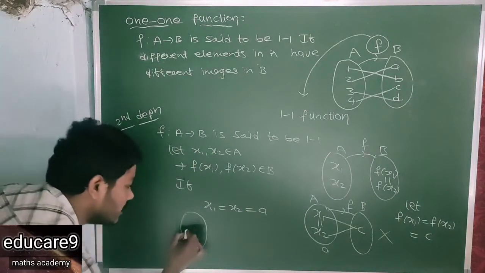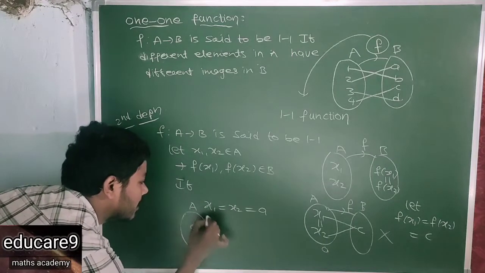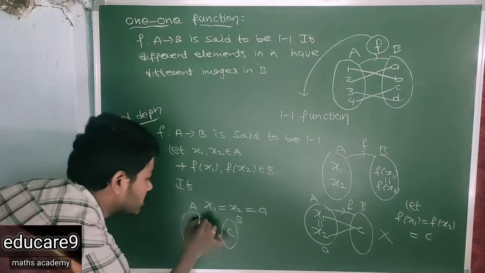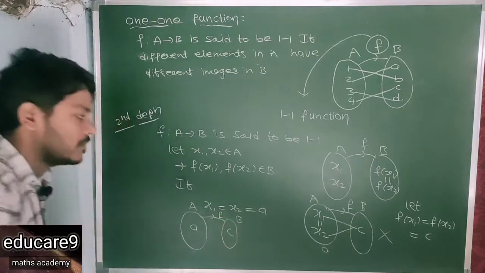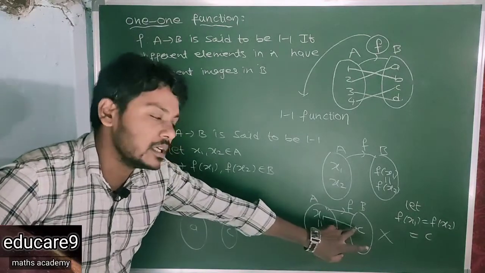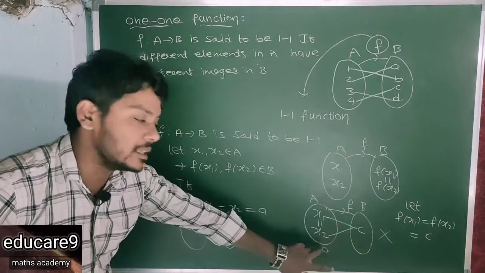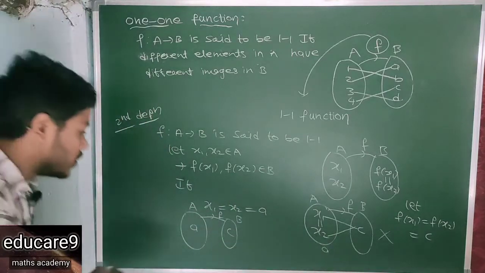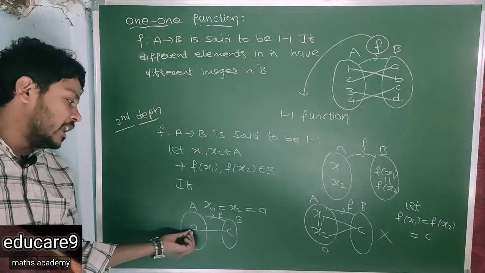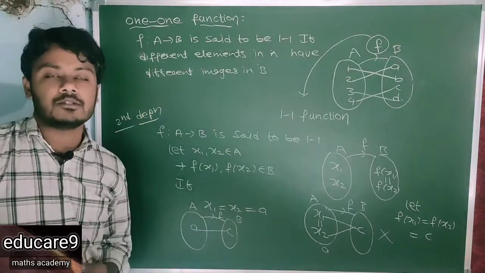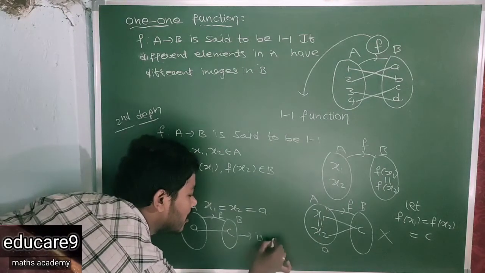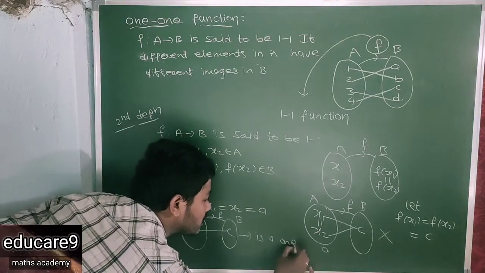So write a in the domain and c in the codomain. The relation is f. Here x1 is mapped to c and x2 is also mapped to c. Since x1 and x2 are equal to a, a is mapped to c. So clearly different elements in A have different images in B, and f is a 1-1 function.